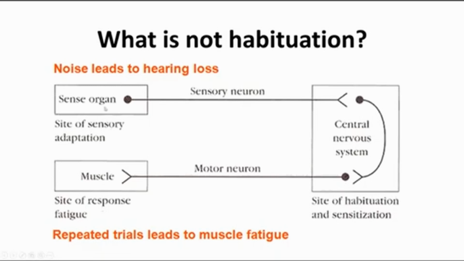So in our reflex arc, or even our enacting of intentional motion, but I guess reflex is easiest here, we see that pathway from a sensory organ through our sensory neurons into the central nervous system, through the motor neurons and into the muscles in that particular direction. And each of those areas can be tied to a different thing that might be misidentified as habituation. But yeah, this I find helps me pick apart where each of these is occurring.